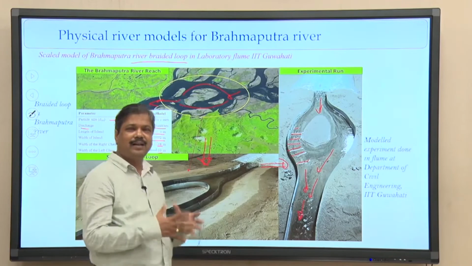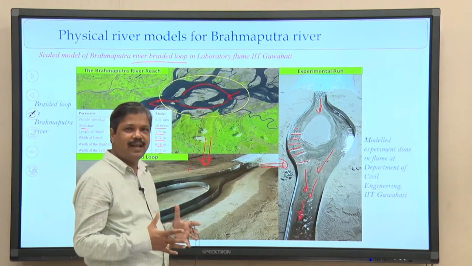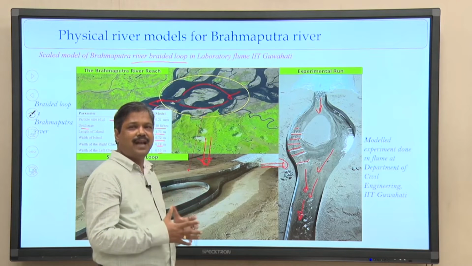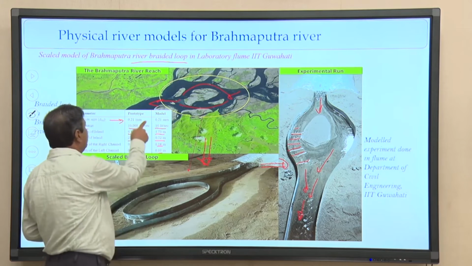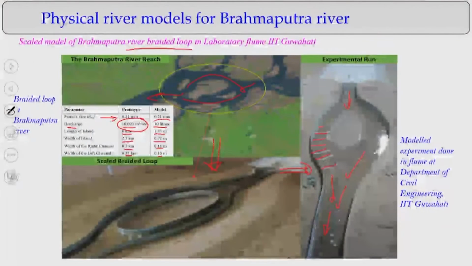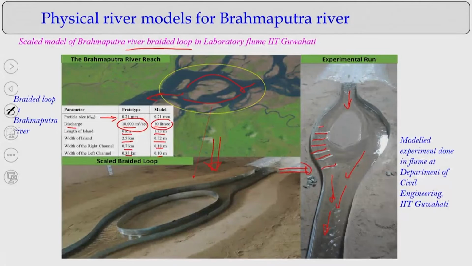The geometry is scaled down, as well as the discharge, from 10,000 meter cube per second to 10 liter per second, and it is a mobile bed condition, where the bed load sediment processes are happening.